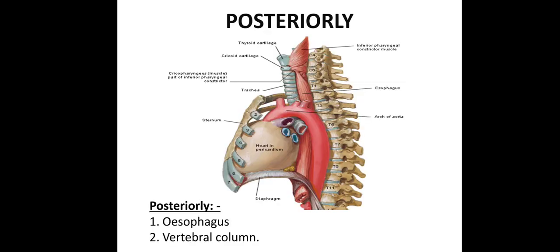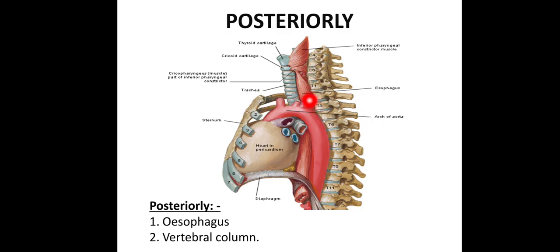On the posterior side, the posterior relation, you can see this is the trachea, this is the larynx. Just posterior to the trachea you can see this is the esophagus.